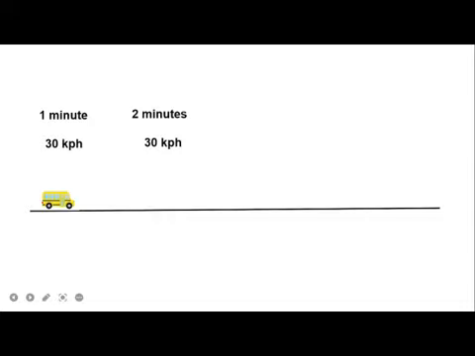The speed of the bus at 1 minute is 30 kilometers per hour. So this serves as the initial position of our bus. Then at 2 minutes, its speed is 30 kilometers per hour and its position is this. Then this goes on as shown here.